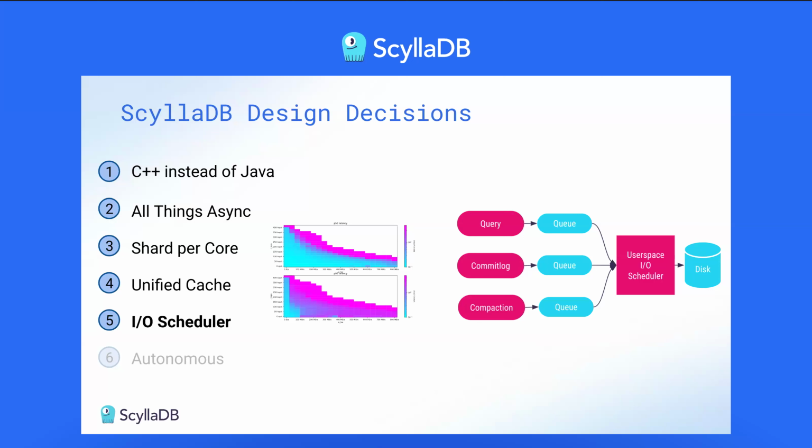I/O scheduler, it's a very interesting feature. Early on, we identified that not all storage or all SSDs are born equal. And by the way, Scylla usually runs with SSDs because that's what gives you the best performance.